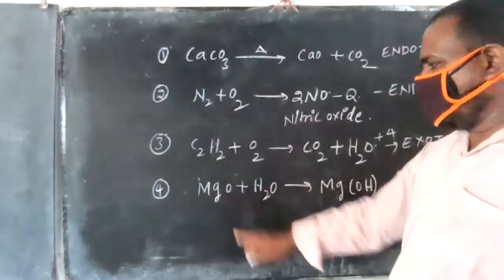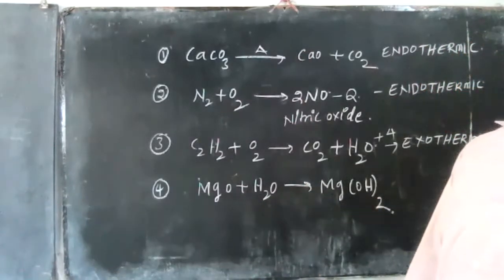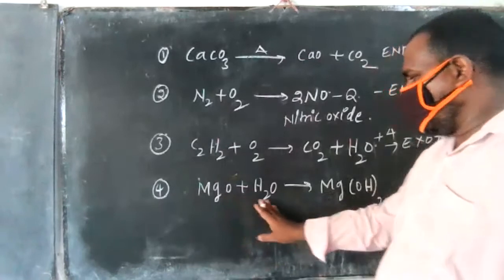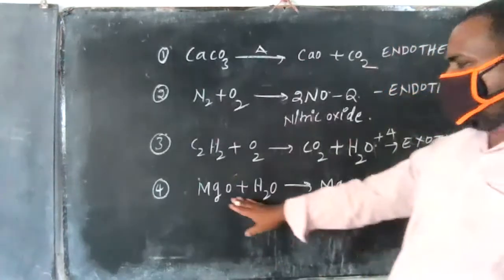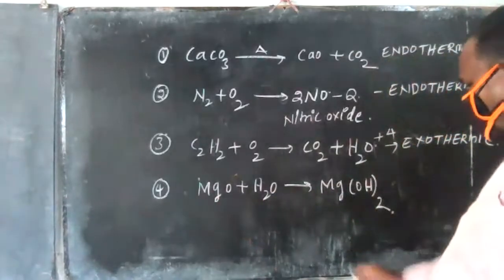Next one, magnesium oxide dissolved in water, same as lab activity 1, where calcium oxide quickly dissolves in water to form calcium hydroxide. Now magnesium oxide dissolved in water forms magnesium hydroxide.